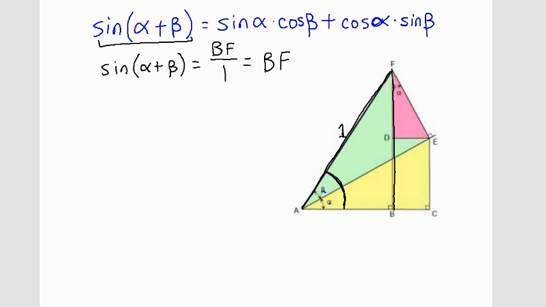Now, with the addition identity, there's this addition sign right here. Well, having set it up this way, there's no addition sign. We want to work the addition sign into the problem.